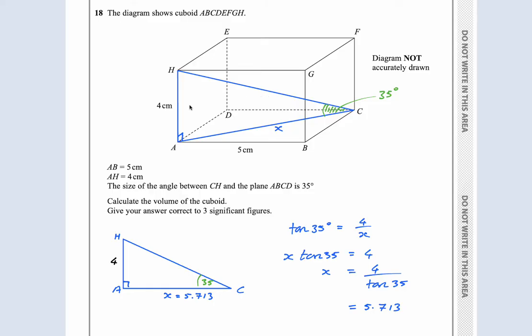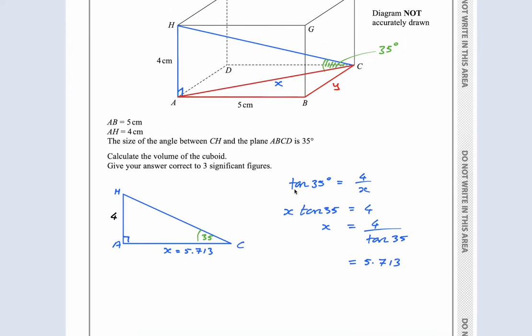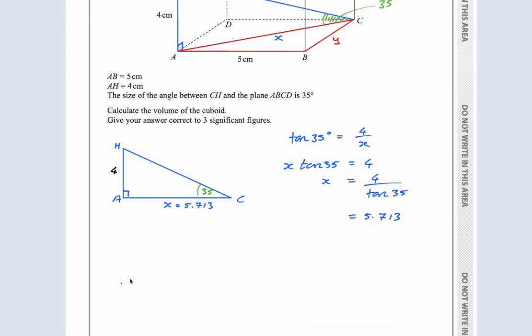To get the volume, I need the length, the height, and the width. Let's call the width y. So I need y, and I'm going to use this triangle here to get y. I'm going to draw a red triangle like this.